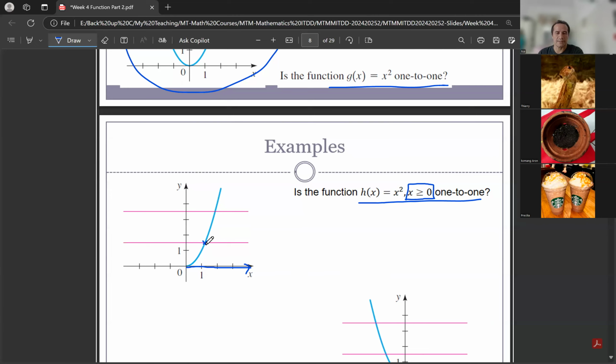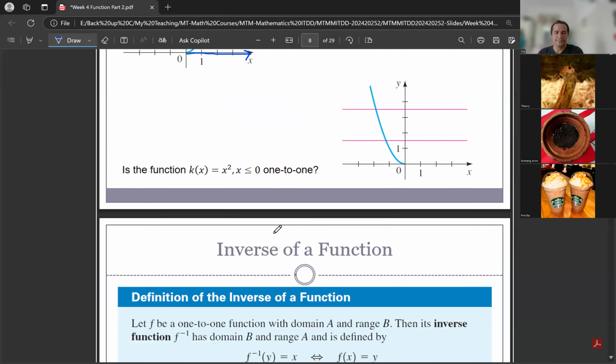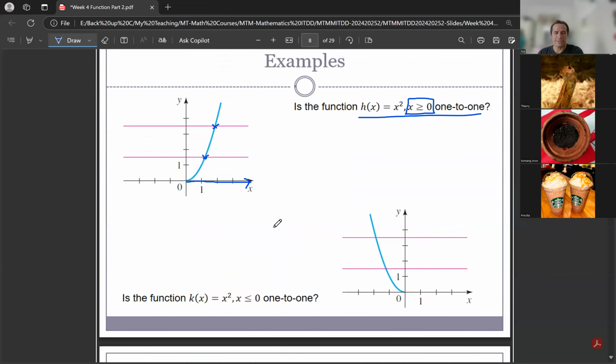We look at the intersection with the horizontal line, only in one point. Also, the restriction can be not only for the positive real line, but also for the negative and zero line like this, and we can see this is also one-to-one.